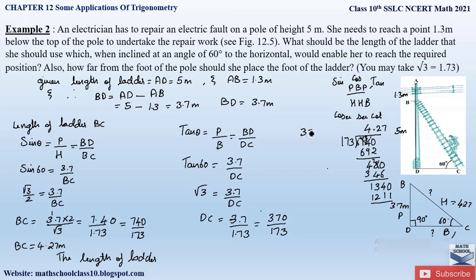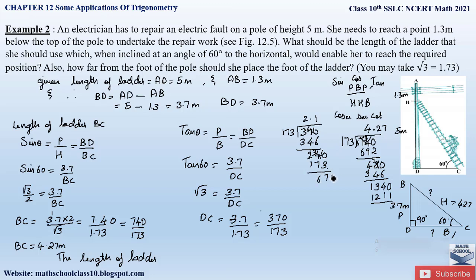So dividing 370 by 173. Let us take 2 times. 3 2s are 6, 7 2s are 14, carry 1, 2 1s are 2, 3. Okay, so subtracting here 10 minus 6 is 4. So this will be 6, 6 minus 4 will be 2, 3 minus 3 will be 0. So let us add a point and a 0 here. Now let us take 173 1 times. So again when you subtract, 10 minus 3 will be 7, and we have 3 here, so taking carry, 13 minus 7 will be 6.